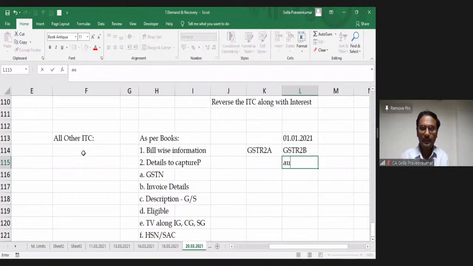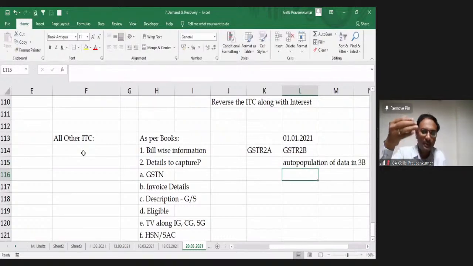As per GSTR 2B, auto population of data is happening in my GSTR 3B. I'll explain you GSTR 2A, I'll also explain you GSTR 2B.